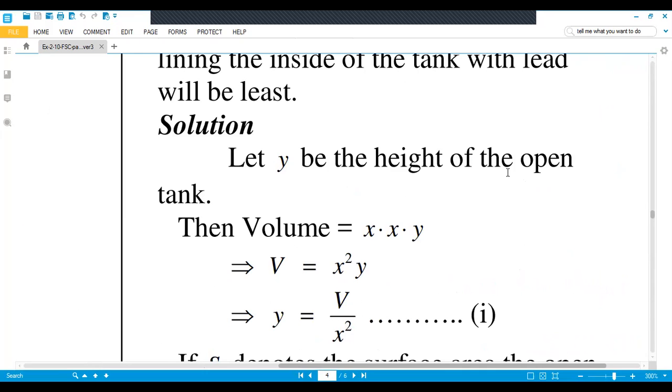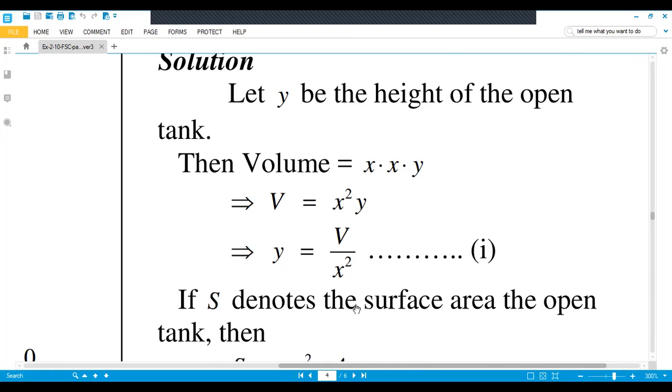Let y be the height of the open tank, then volume is, look, base is square form. So length multiplied by breadth is x multiplied by x, and height is y. So volume is x square y, and x square shifted to the other side, it divides by V. So y equals V over x square.